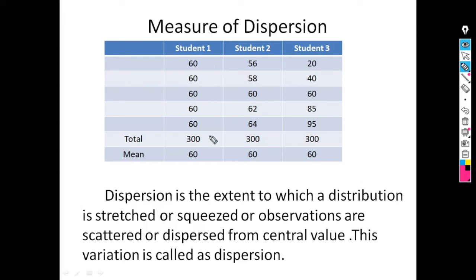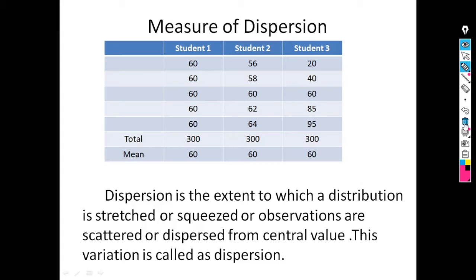Means for student 1 all marks are the same, but for the third student the marks are scattered largely. For one subject he got only 20 marks and for another subject he got 95 marks. So there is a large scatter in the marks.